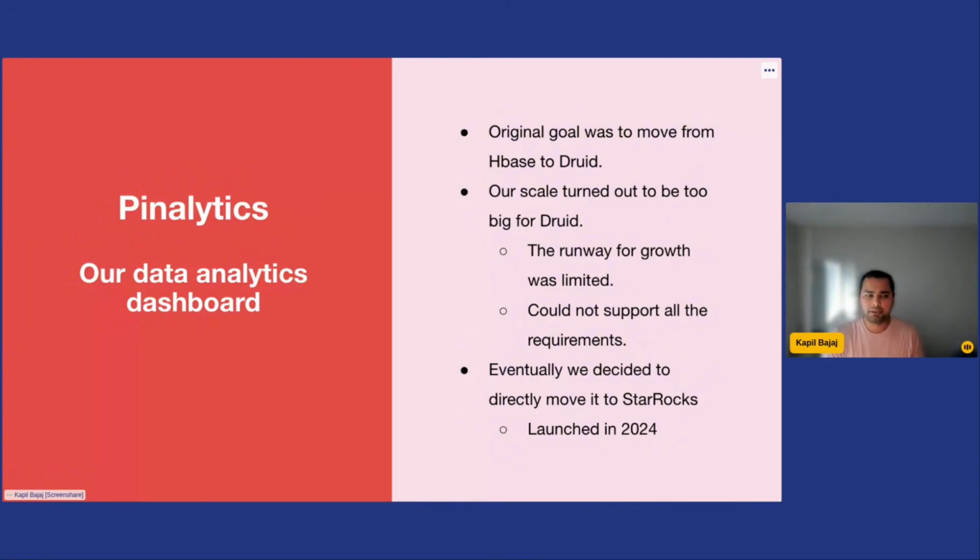And we realized that even though we would be able to overcome those blockers by some hacky ways, the runway for growth would be limited. Since we were already evaluating StarRocks and having good results with it, we decided why not try it on. And luckily, StarRocks worked very well for us. We found even better latency and performance, and we were able to launch Pinalytics on StarRocks in 2024.